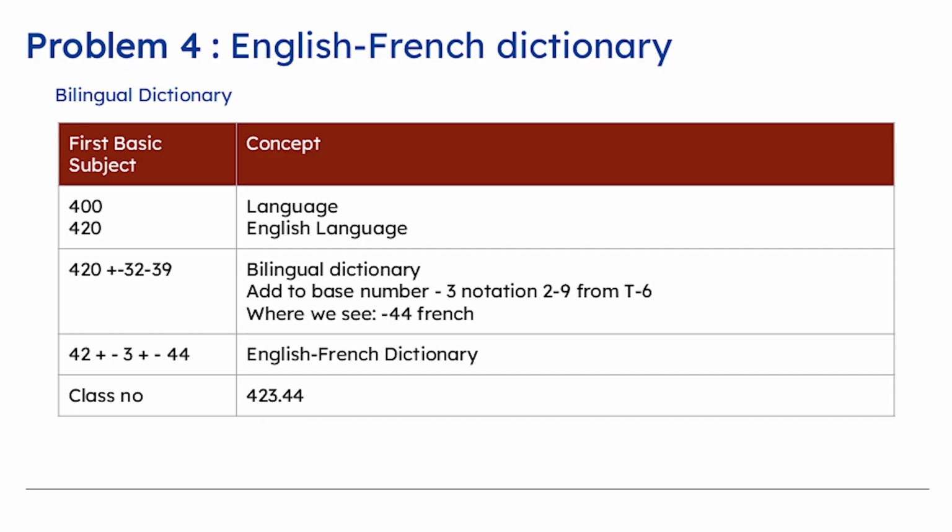So here you see 400 language, then we will write 420 English language. And if we see table 4, there you will find bilingual dictionary. In table 4, bilingual dictionary is given as -32 to -39.